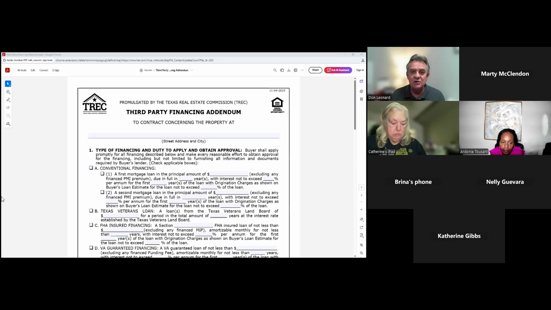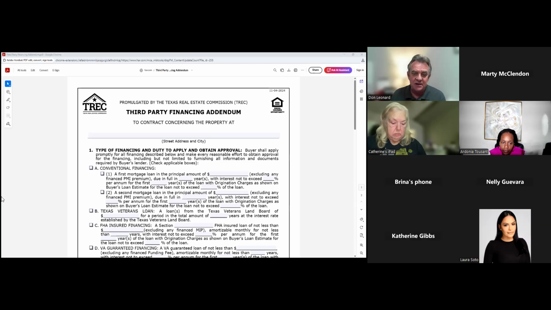So this really creates a responsibility and a duty for that buyer to do everything they can to try to get approved. That pop out of getting out within a certain number of days if you don't get approved is not supposed to be just an out for the buyer. It's supposed to be a legitimate out if they truly can't get qualified.